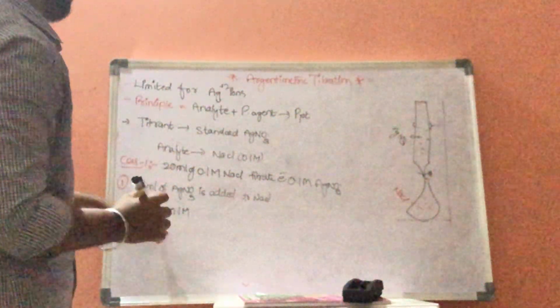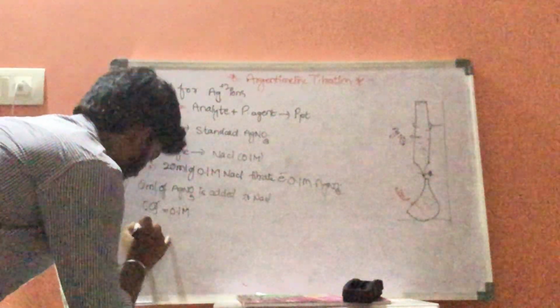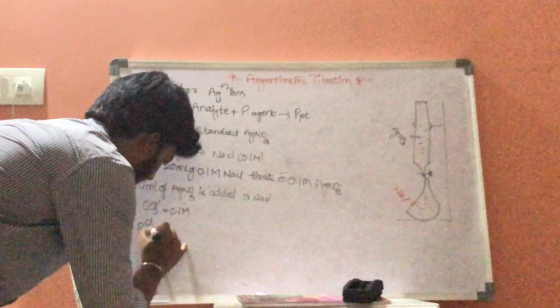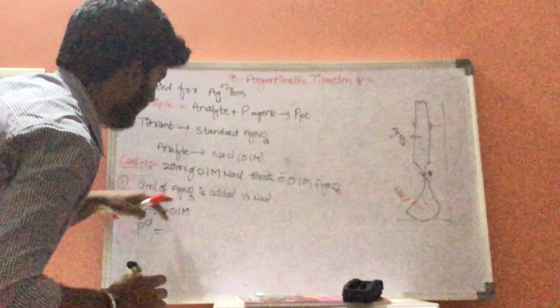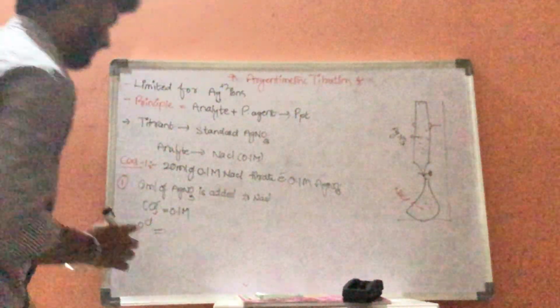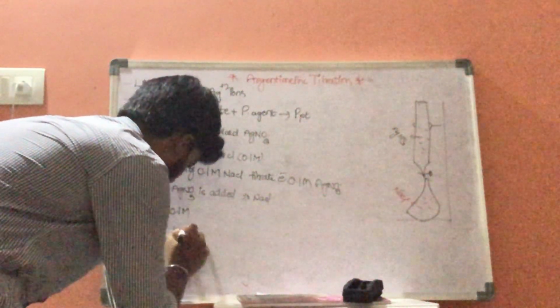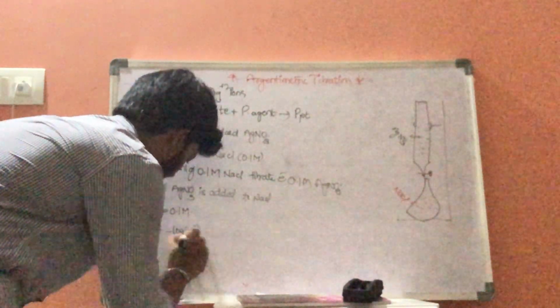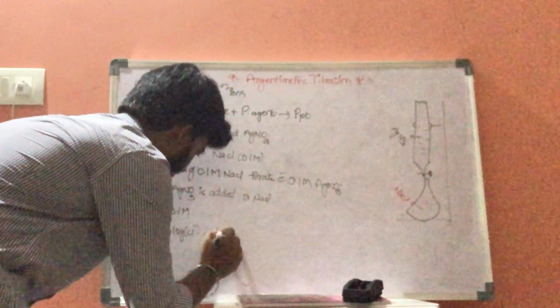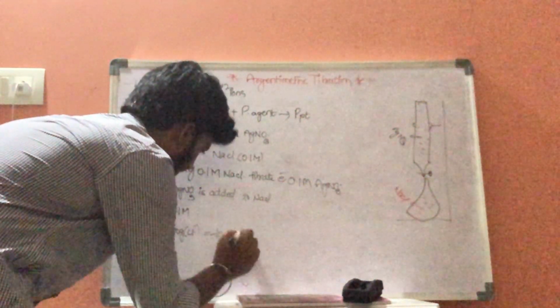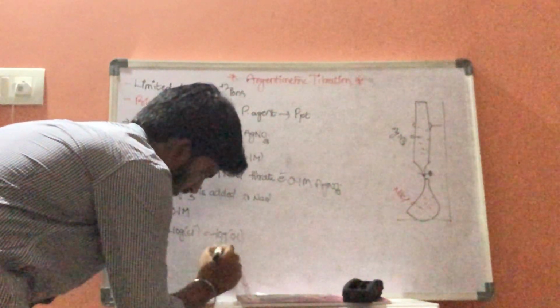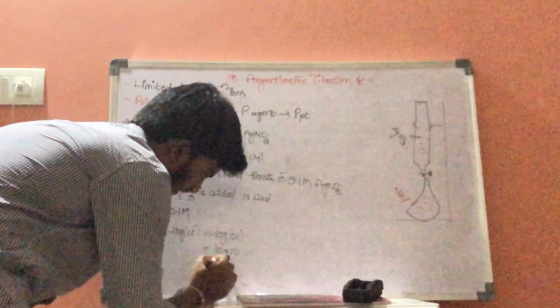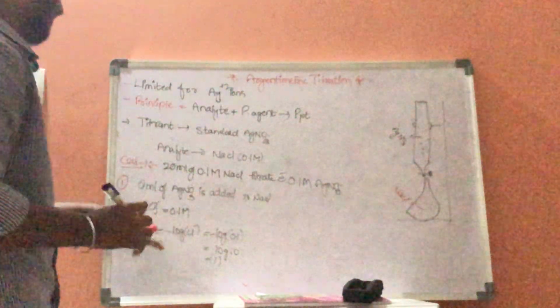Now let us calculate the pCl value at this condition, that is minus log Cl, that is minus log 0.1, which can also be written as log 10, whose value is 1.